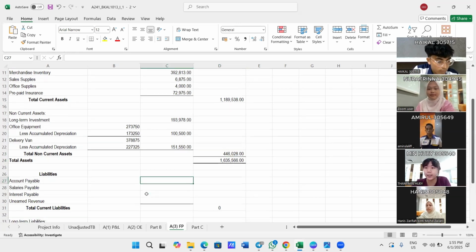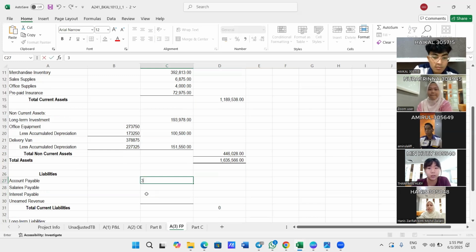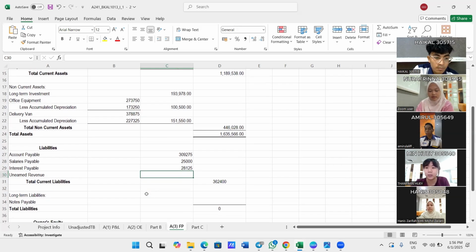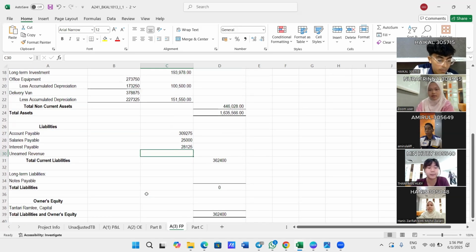Okay, so next is liabilities. The amount for account payable is 309,275. Okay, for next salaries payable, the amount is 25,000. Okay, for interest payable, the amount is 28,125. So the amount for unearned revenue is 42,009.